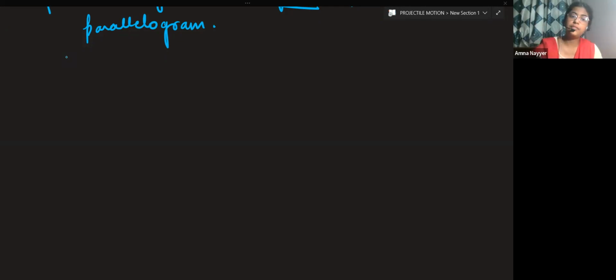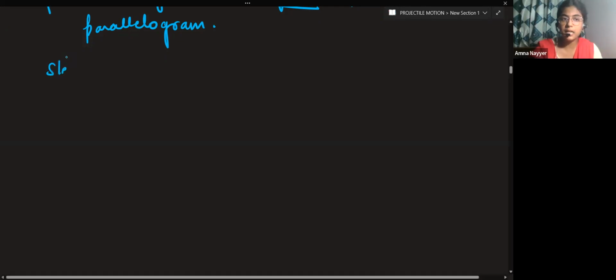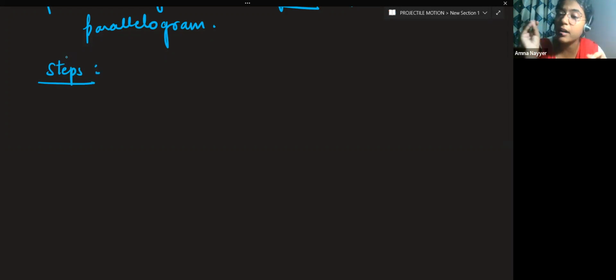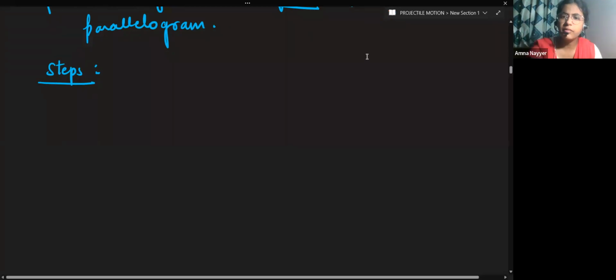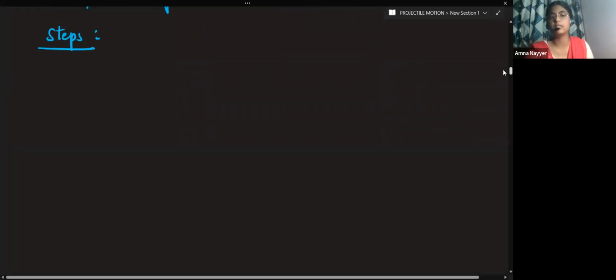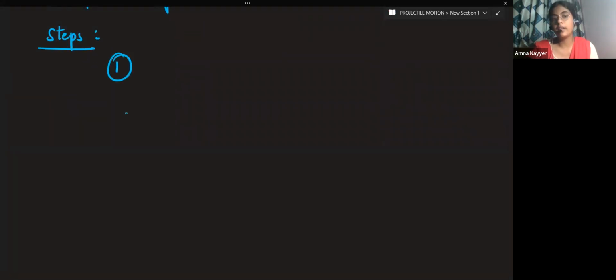Now see, the steps that are included in the solving of the parallelogram law. Today we won't go into the details of it. We'll just see what's the derivation so that you are aware of the final formula of the parallelogram law, so that from the next class you will be able to cope with it. Vectors won't take so much time, but we need to have certain basis for it. First step is the geometrical construction.